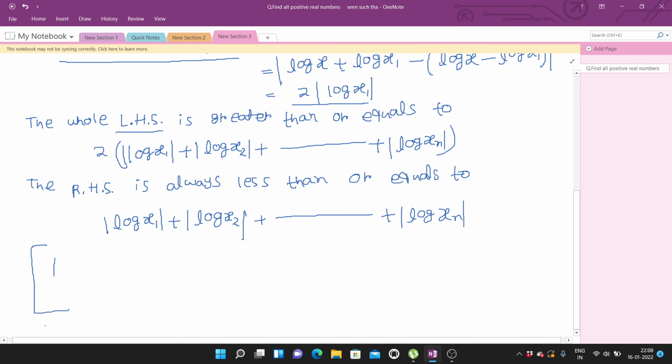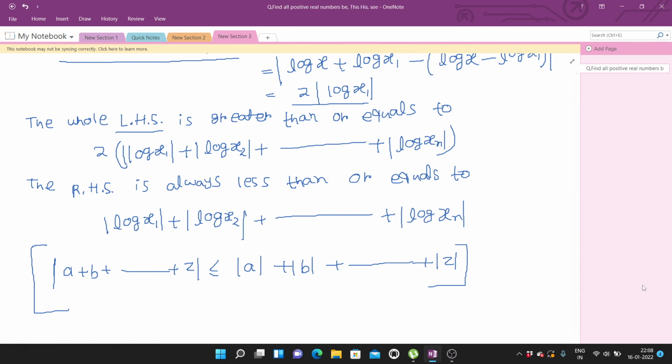The generalized version of the triangle inequality says that mod of A plus B plus up to Z is less than or equal to mod A plus mod B plus up to mod Z. For that reason we can say it.